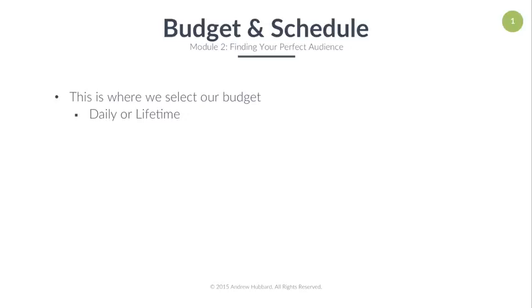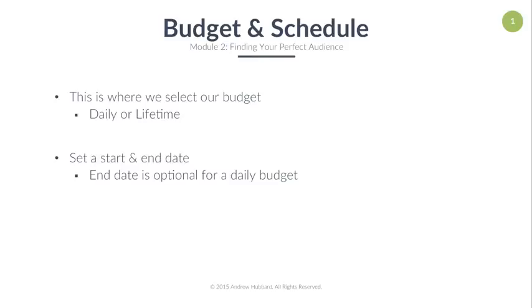So let's say you want to run a 4-day campaign and you want to spend a total of $200. The algorithm will try and spend roughly $50 a day to even that spending out across the lifetime of your ad campaign. Next up, we want to set a start and an end date. Now, for a lifetime budget, you must have both a start and an end date.